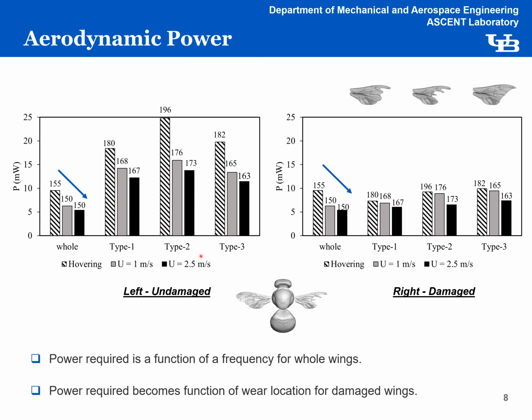For both figures, the whole wing model with original kinematics is shown as reference. For each model, three cases are presented: hovering in the shaded area, 1 meter per second forward velocity in the gray area, and 2.5 meter per second velocity in the black area. For each case, the modified frequency for each wear model is shown on top of each bar graph.